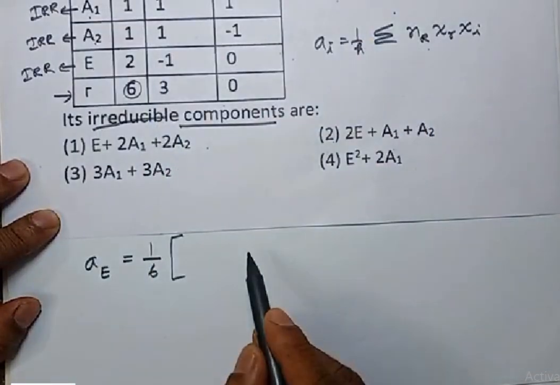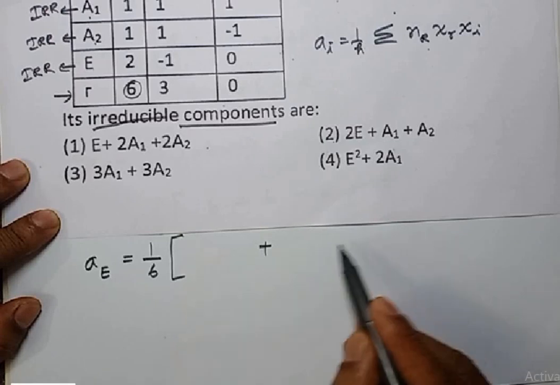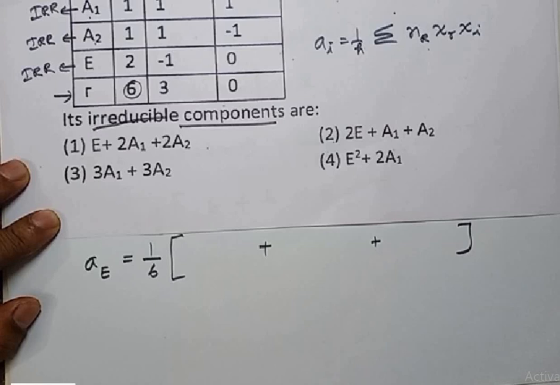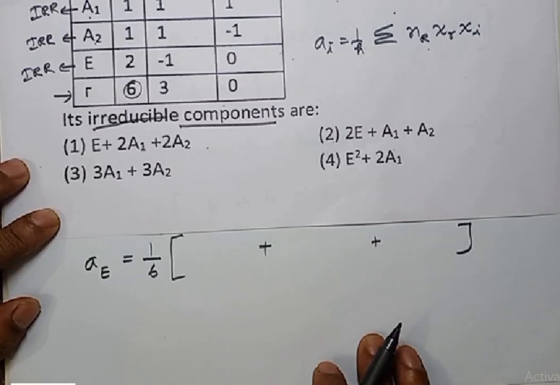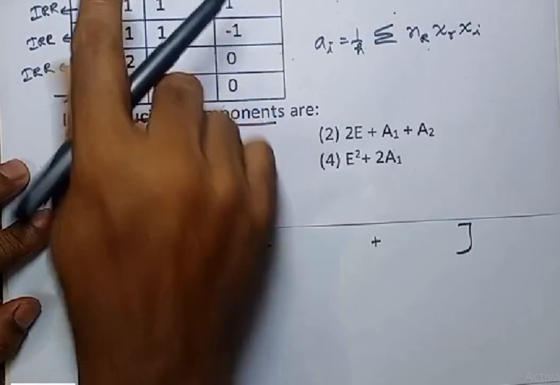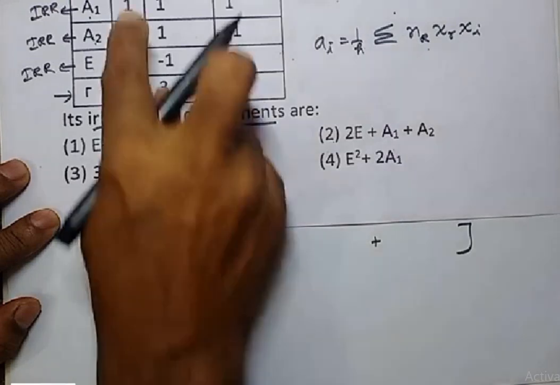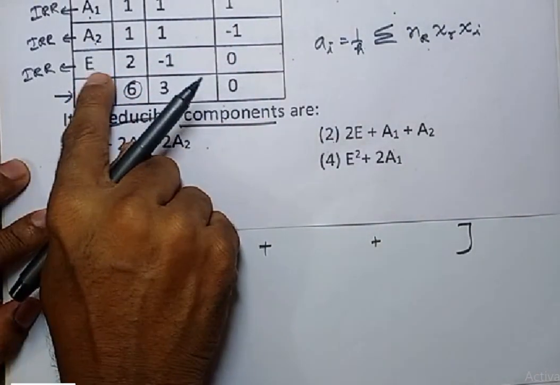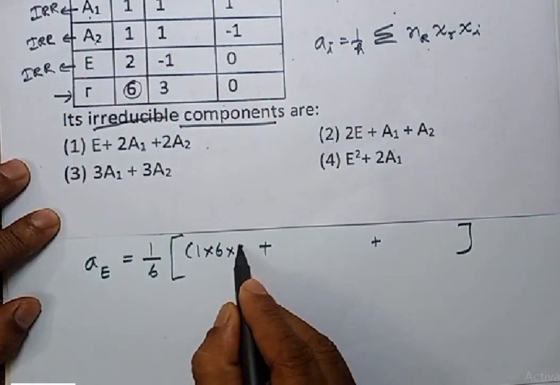There are 3 classes, class 1, class 2 and class 3, and I am going to sum up. First I'll take class 1. In class 1 we have only one operation, the reducible character is 6 and the irreducible character along E is 2.